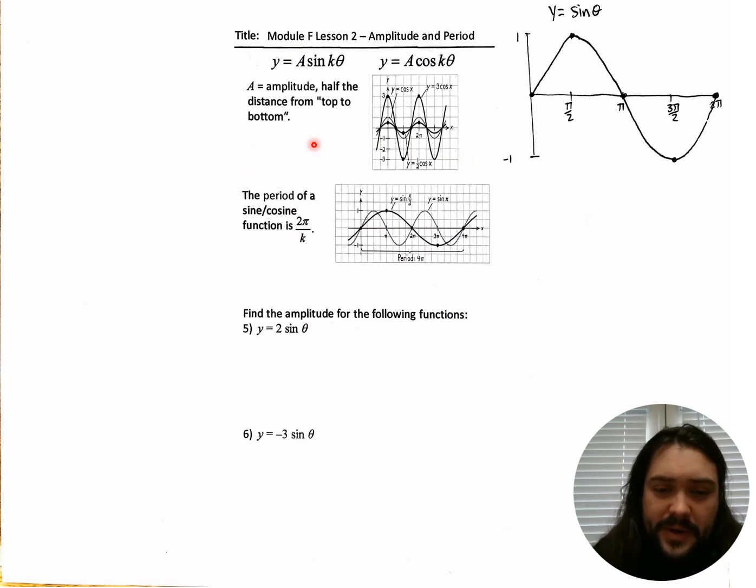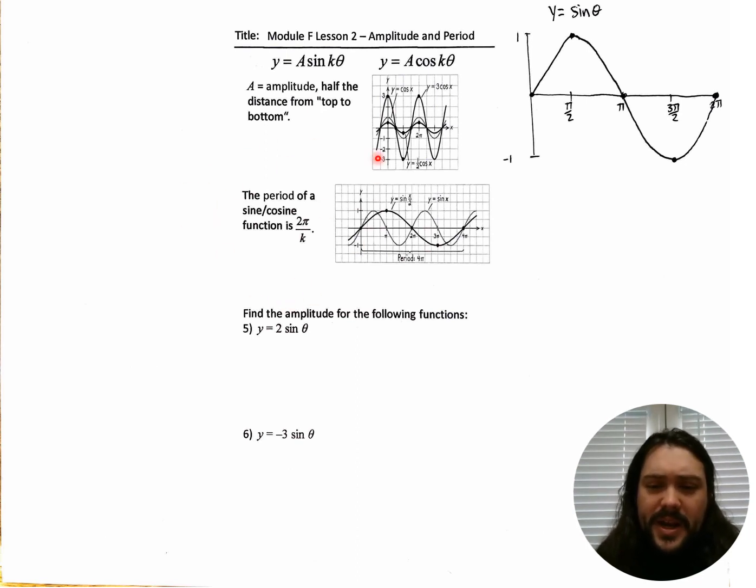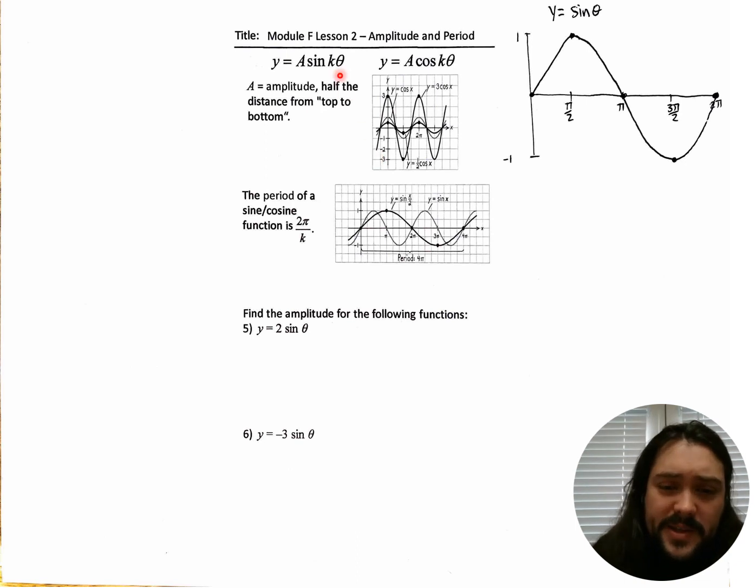The other thing we're going to do today, which is a little bit more work, maybe a couple steps instead of just looking at it, is the period of sine and cosine. We can actually modify the period, and that's what this k value does. It's just a multiplier, some number that you're multiplying that theta variable by, and that modifies the period of our function.